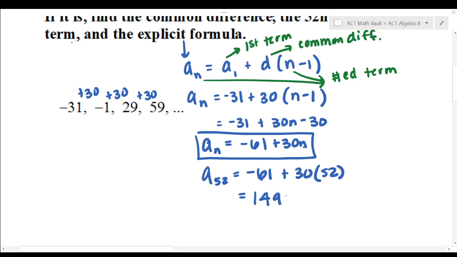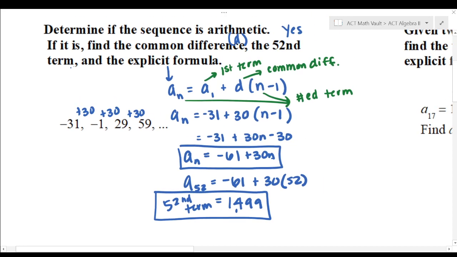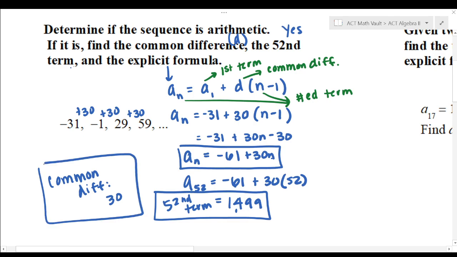Our final answer here is 1,499. So the 52nd term is 1,499. And that common difference we already stated. Common difference is positive 30. We're adding 30 as we go.